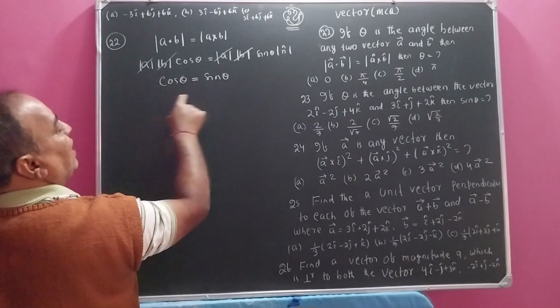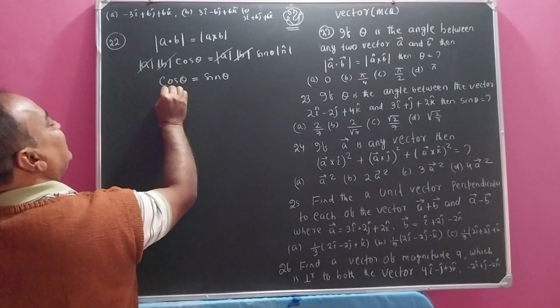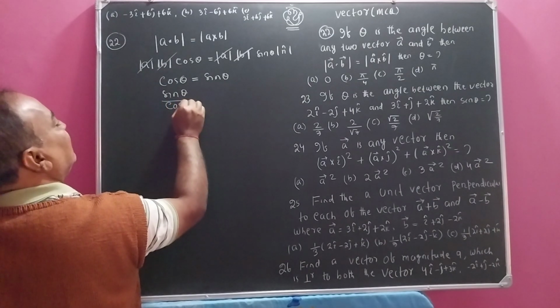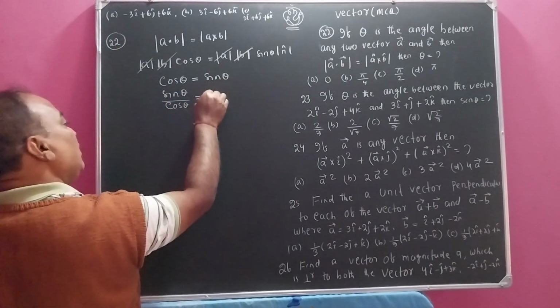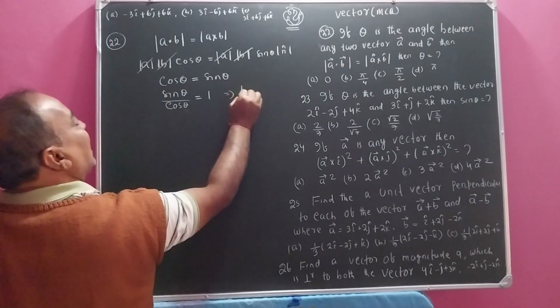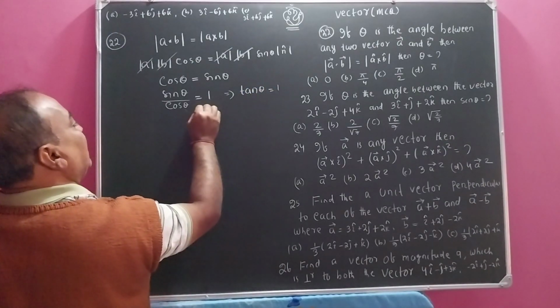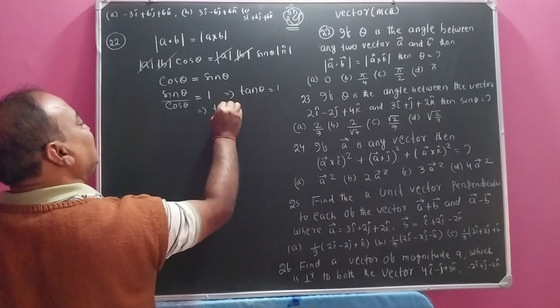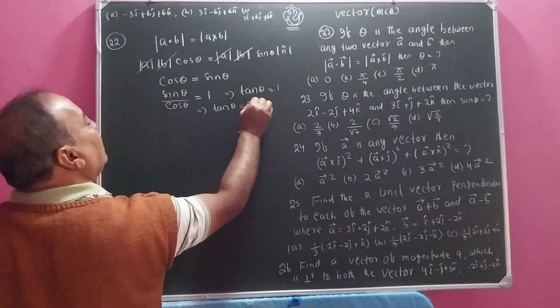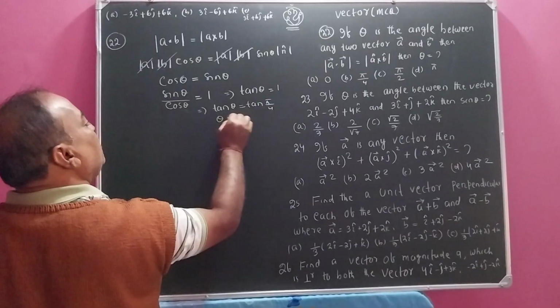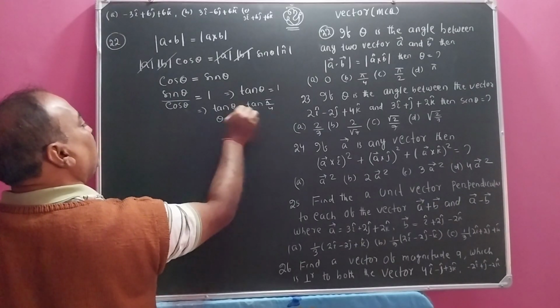Dividing here, sin theta by cos theta is equal to 1. That implies tan theta is equal to 1. That implies tan theta is equal to tan pi by 4. So theta is equal to pi by 4.